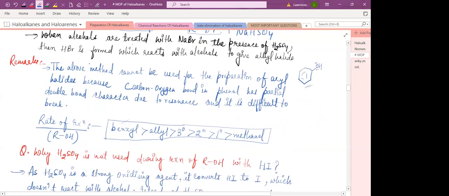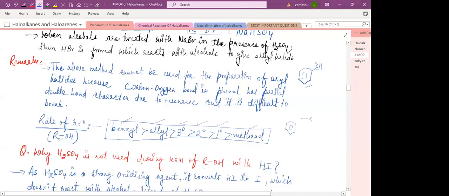And see, the rate of this reaction is fastest for benzyl. So in benzyl it will be very fast. Then allyl, then tertiary alcohol, then secondary alcohol, then primary, then methanol. Just remember the sequence. We know what benzyl alcohol is. Who will tell me what benzyl alcohol is?